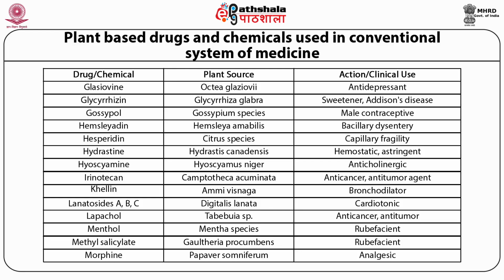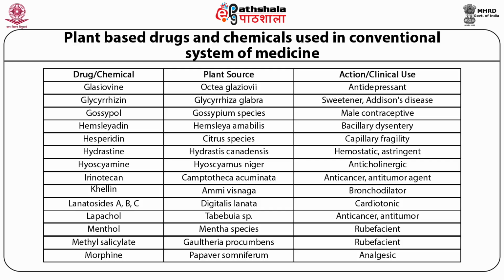The entry like gossypol obtained from Gossypium species is used as a male contraceptive. Let me also give you an idea about irinotecan obtained from Camptotheca acuminata, a very useful anti-tumor, anti-cancer drug.